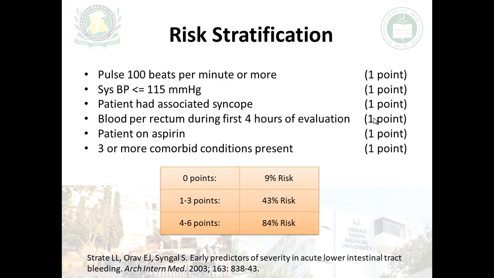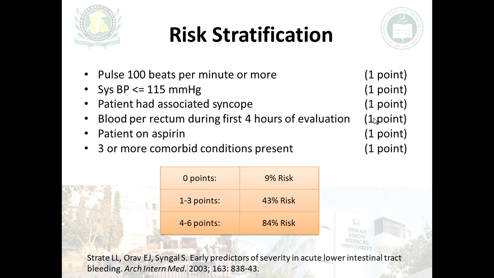In risk stratification, basically you look at the pulse rate: if it is more than 100 or not, meaning tachycardia or not. Whether the systolic blood pressure is on the lower side, less than 115 millimeters of mercury. Whether the patient has associated syncope, feeling the symptoms of syncope or already had a syncope.